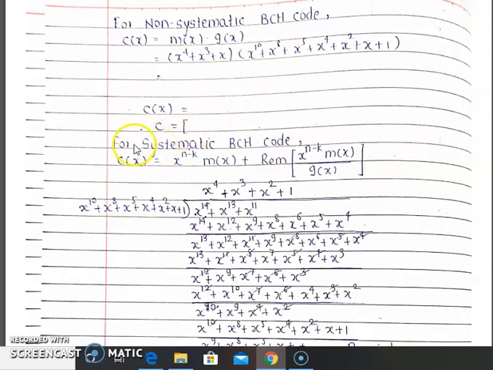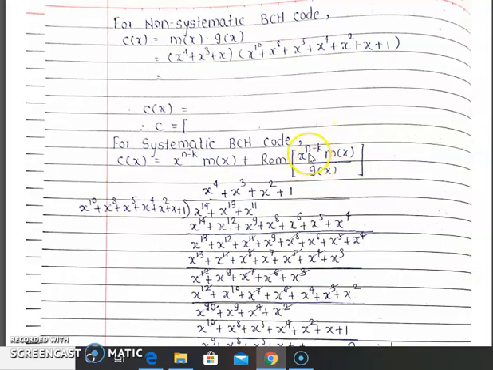So we prefer the systematic BCH code, using this formula: C of x is equal to x raised to n minus k into m of x plus the remainder of x raised to n minus k into m of x divided by g of x. First of all, find the remainder of this division.